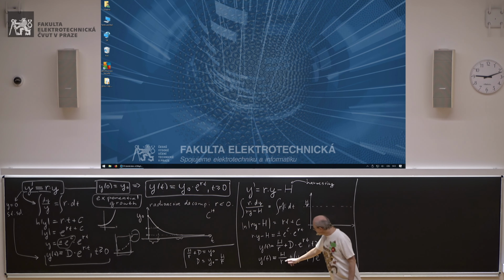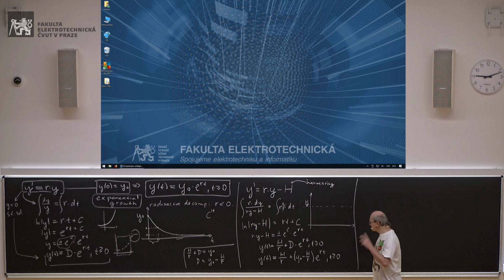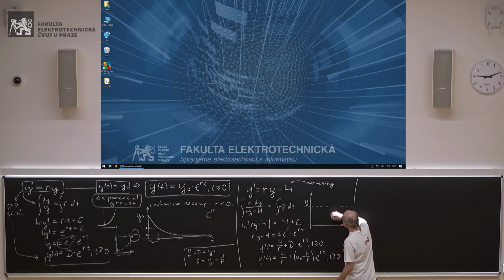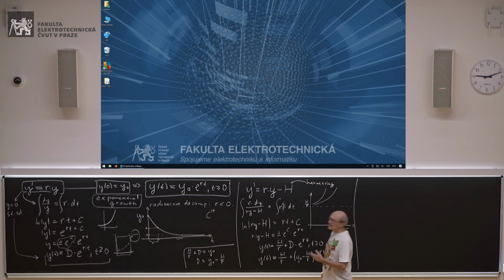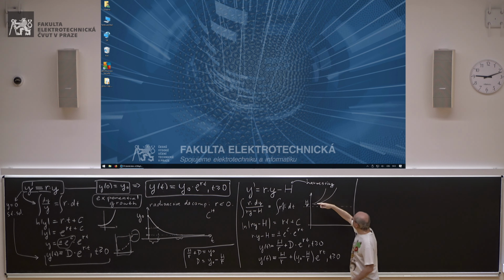It goes away from this value, but it's multiplied by a certain factor here. And there are two possibilities. If this factor is positive, then the solutions just go away. So essentially, we have exponential rabbits in Australia. We start eating rabbits regularly, but they still breed like crazy. They breed like rabbits, let's face it.